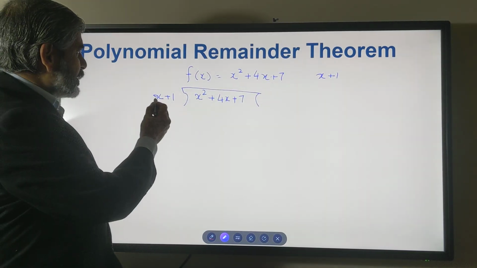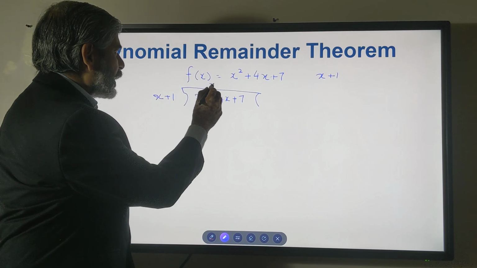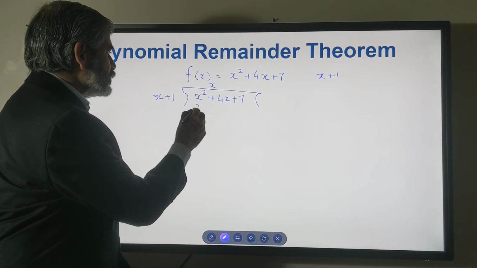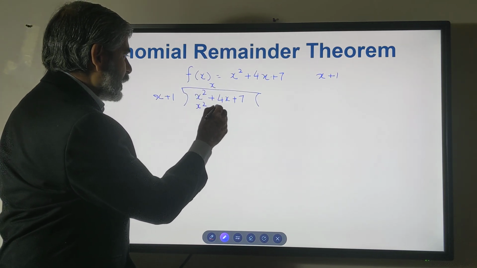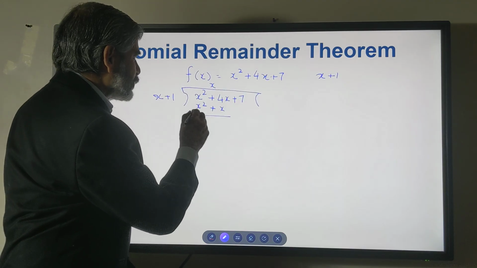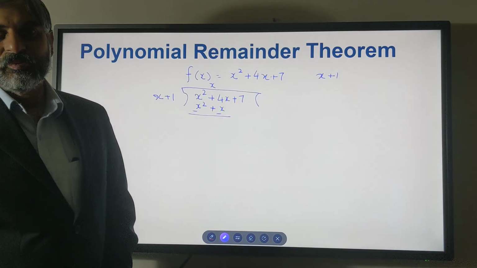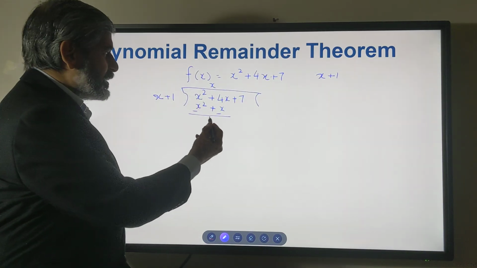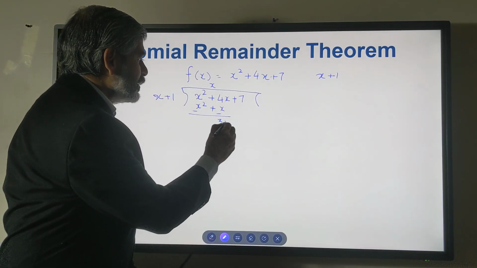What we can do is multiply this x plus 1 with x here, then we get x squared plus x, and when we subtract these two, from 4x minus x we have 3x here.